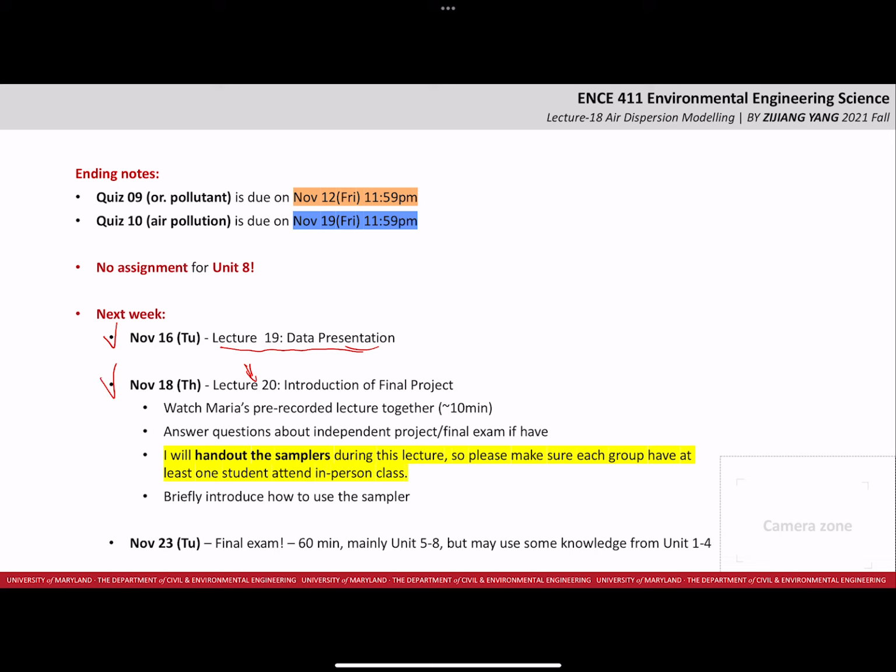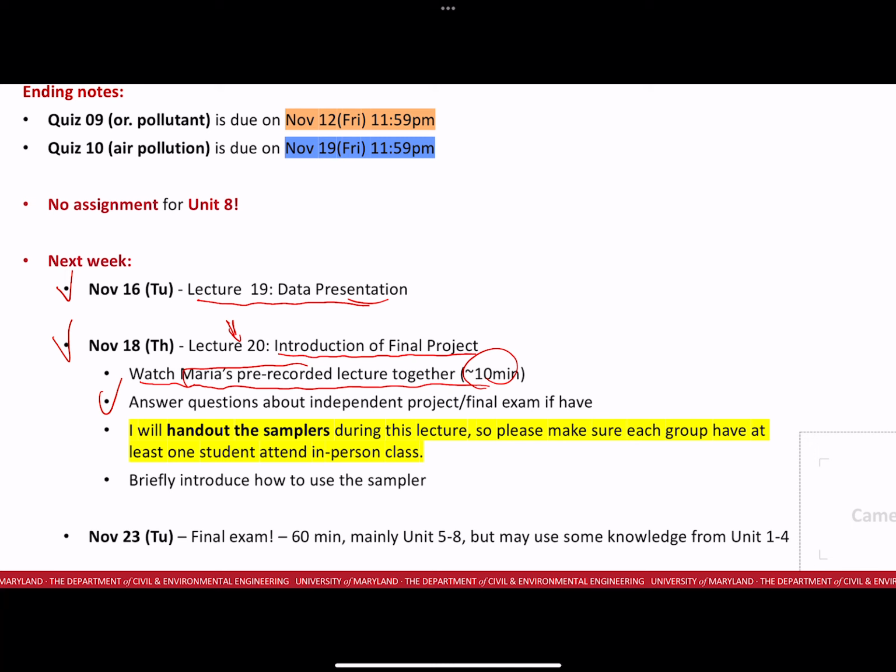And on Thursday of next week, we will have a brief introduction of the final project. Maria is not available online, so we can watch her pre-recorded lecture together, which will be about 10 minutes. And then I will try to answer some questions about the independent project, and also the final exam if you have any.